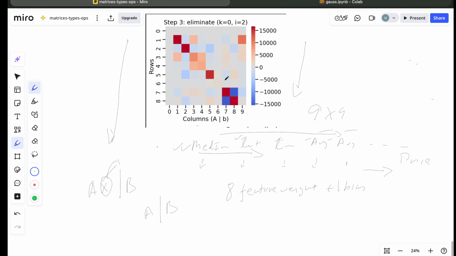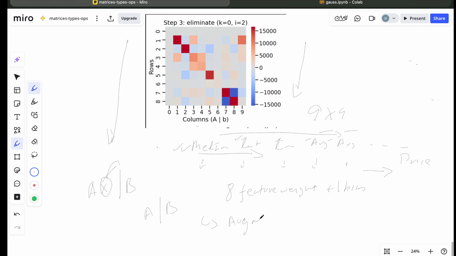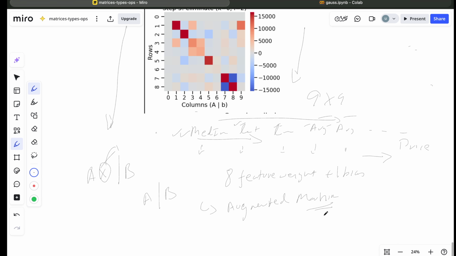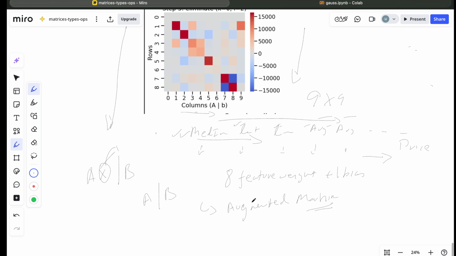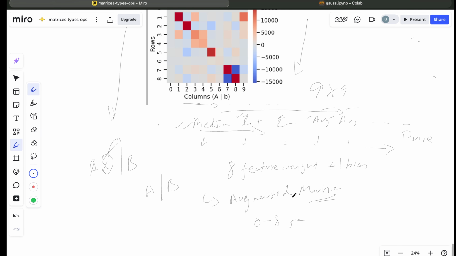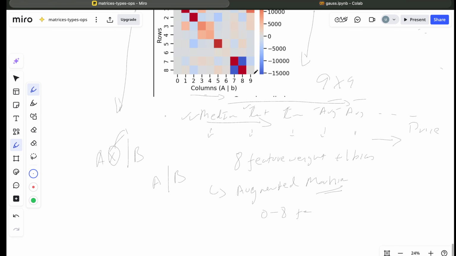We also stick the answers column b on the right, remembering the formulation Ax = b, where x is the unknown, to make it an augmented matrix, as I explained a couple of minutes ago. So now we have 10 columns: columns 0 to 8 are the feature columns, and column 9 is the answer column.